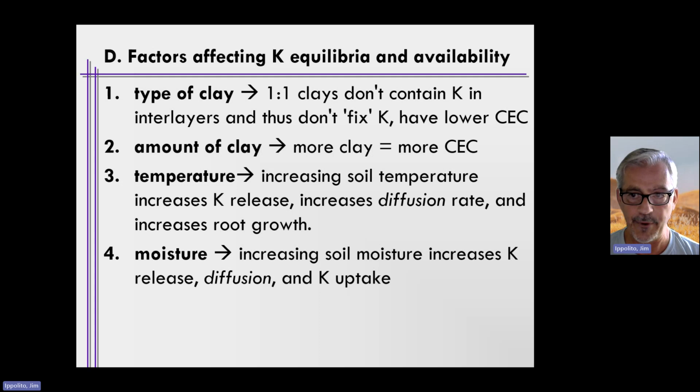Okay, number three, temperature. Increasing soil temperature increases potassium release because temperature affects diffusion rate and temperature affects root growth. So the greater amount of roots present, the greater the plant sees potassium in the soil, because the plant is actually, quote, seeing more of the soil, even though the plant never really sees more than about 3% of the total soil volume.